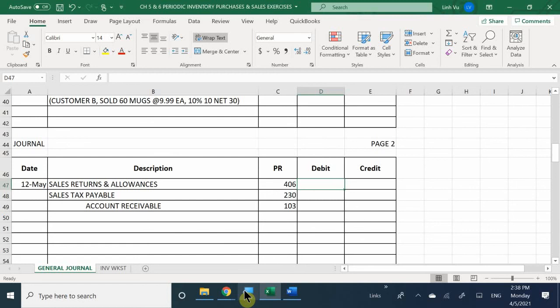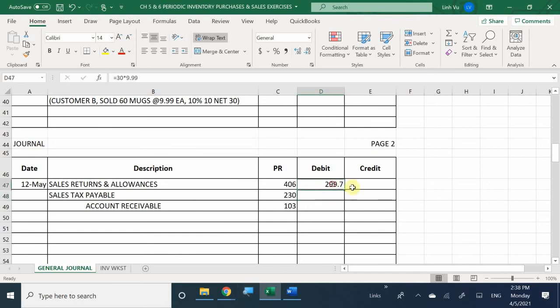How many items is customer B returning? 30. Right? And at original, what price did I charge him for? $9.99. Okay, so therefore, how much is my total refund for just the mugs? $299.70. All right.